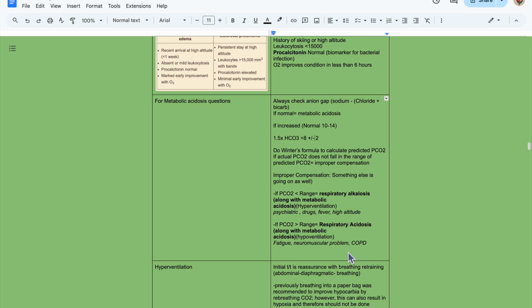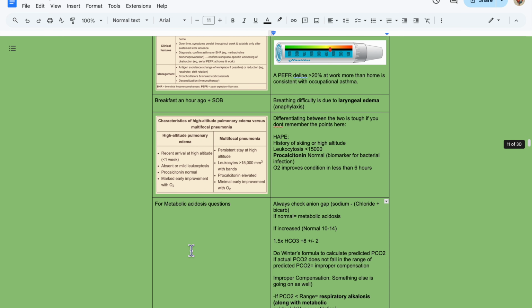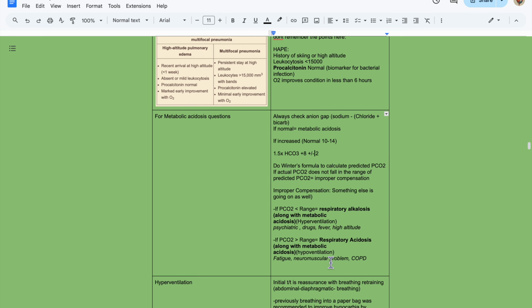Interestingly, neuromuscular problem, the ALS thing right here, it can apply here as well. Or it could be that they had an acute exacerbation of COPD, right? And they have been using their respiratory accessory muscles and everything to breathe.